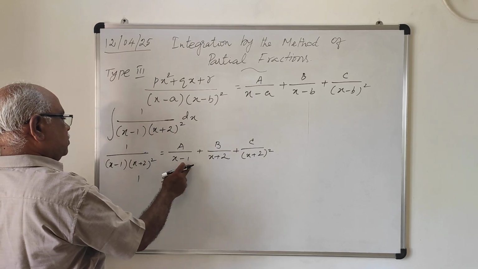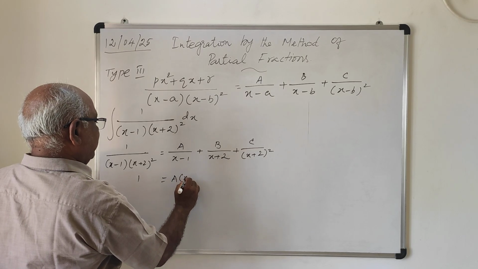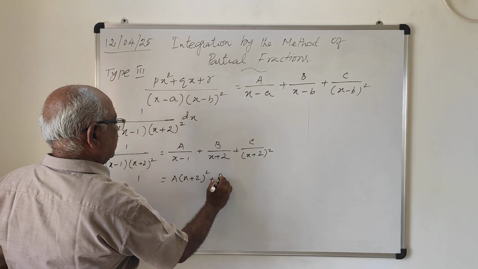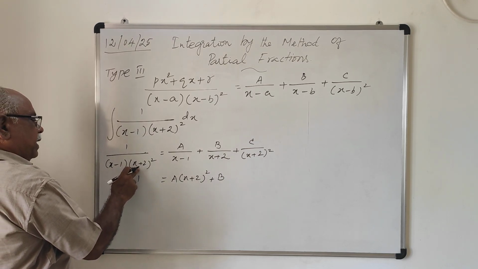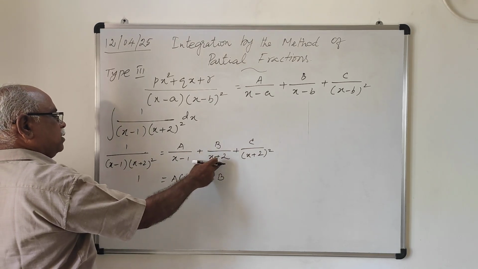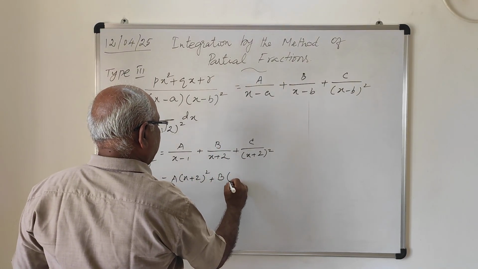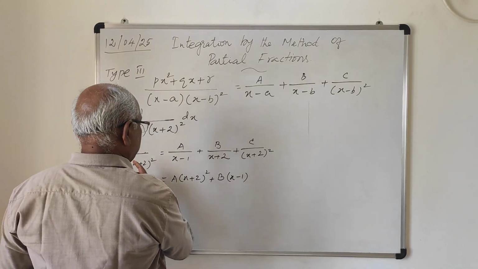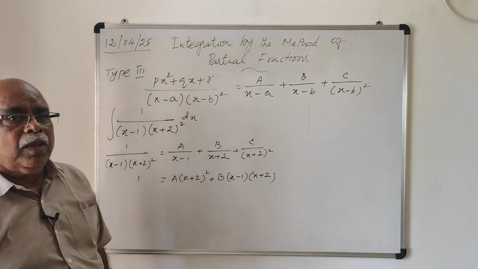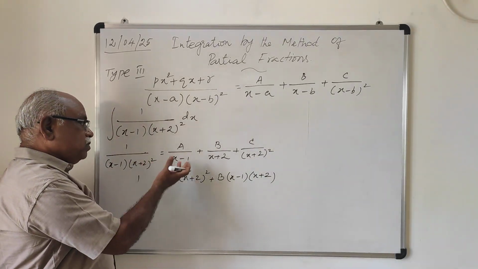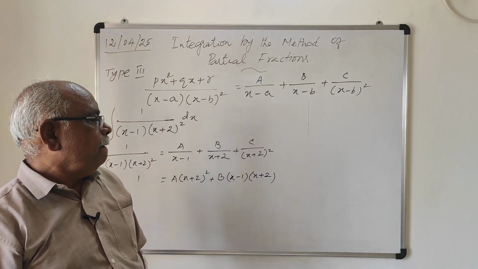A into (x−1)(x+2) whole square: the (x−1) is cancelled and you will get only A into (x+2) whole square, plus B into (x−1)(x+2), since in the second term only one (x+2) is cancelled, and you get another (x+2). This method of partial fractions you have studied already in your algebra chapter.